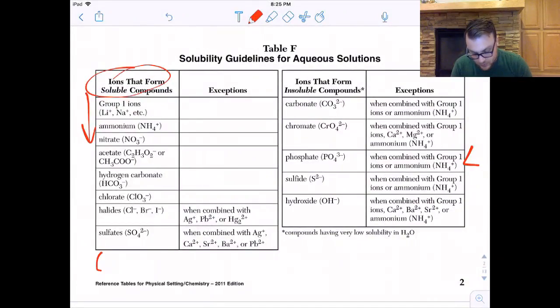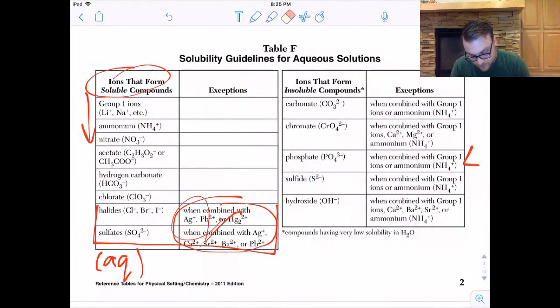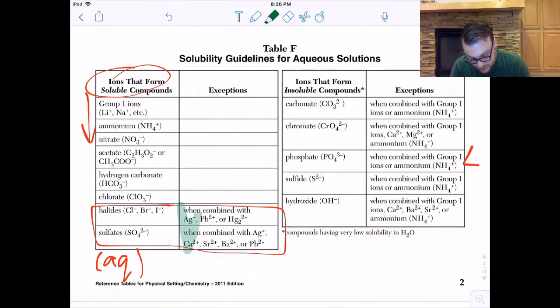But everything here in these two are exceptions to being soluble. So everything here in these boxes are exceptions. So these form a solid, aka precipitate.